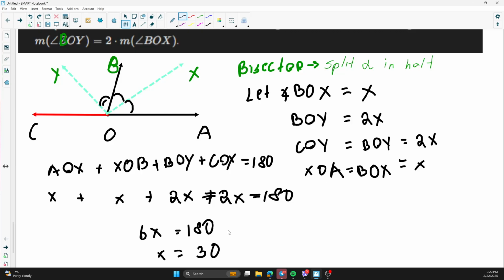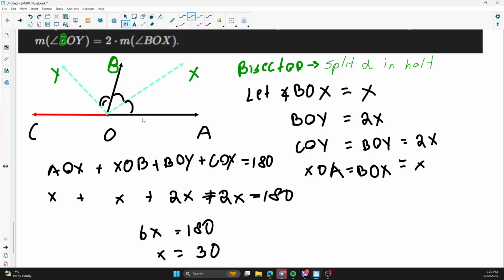Okay, so now if you know the constant x, you can find all of those angles. Now BOA, this one, right? Is formed from BOX and XOA.